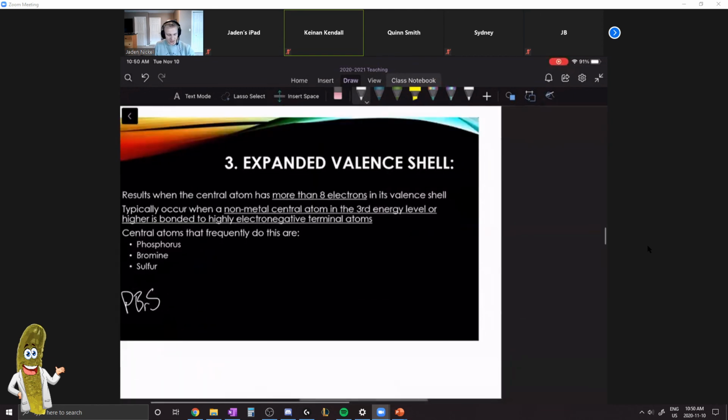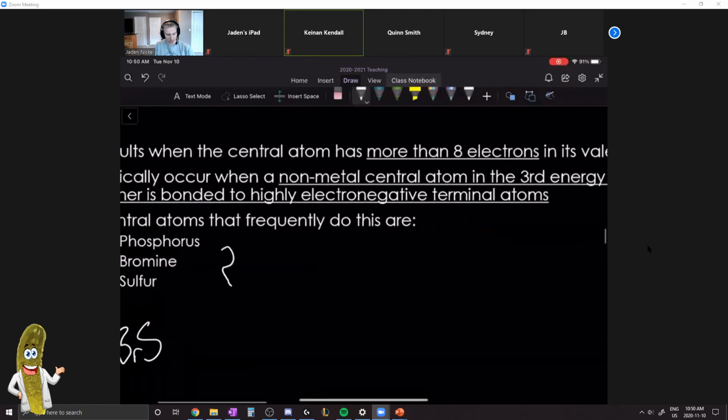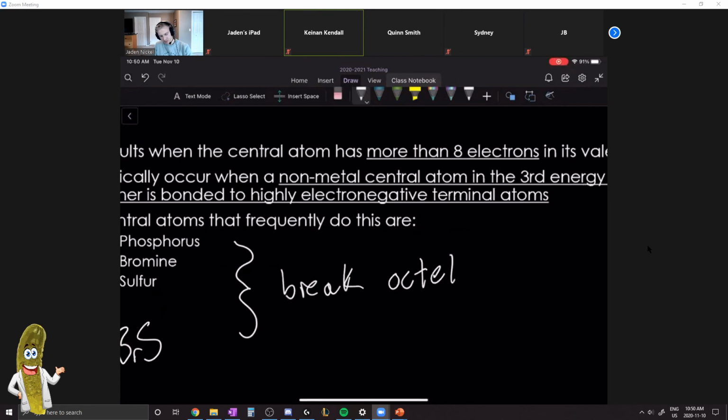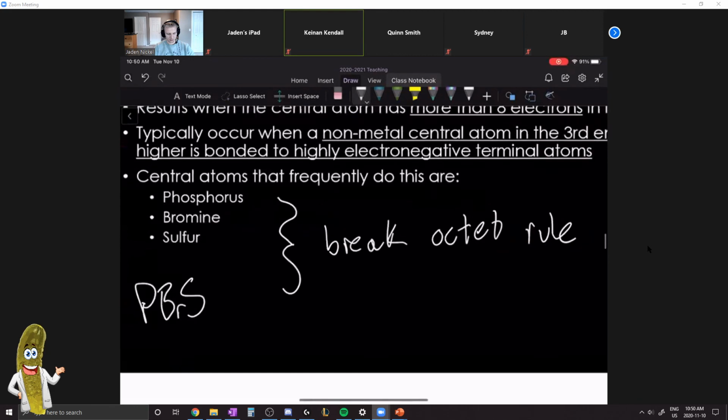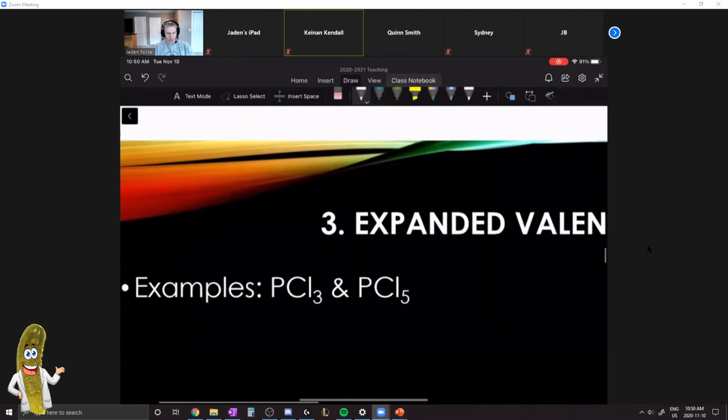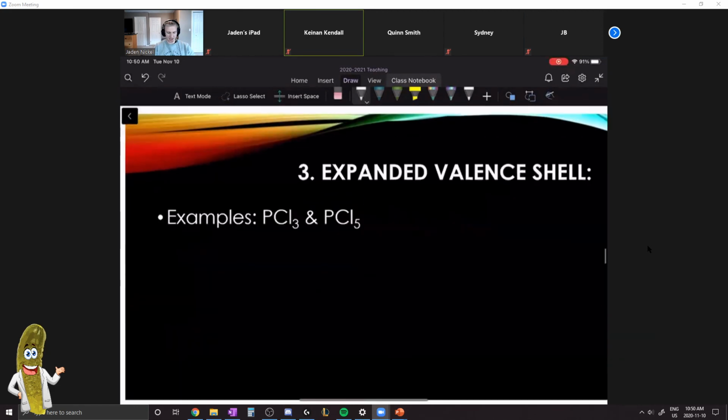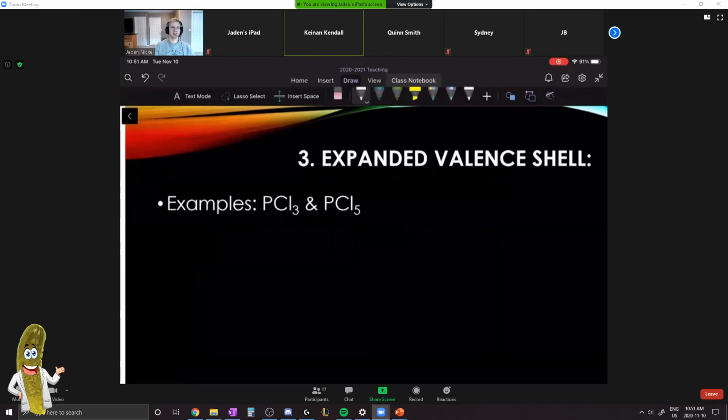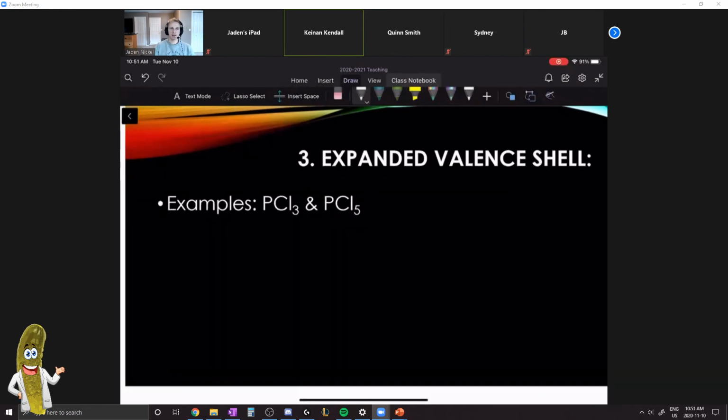All of these will break the octet rule, meaning they'll have more than 8 electrons around them. Some examples of that would be PCl3 and PCl5.